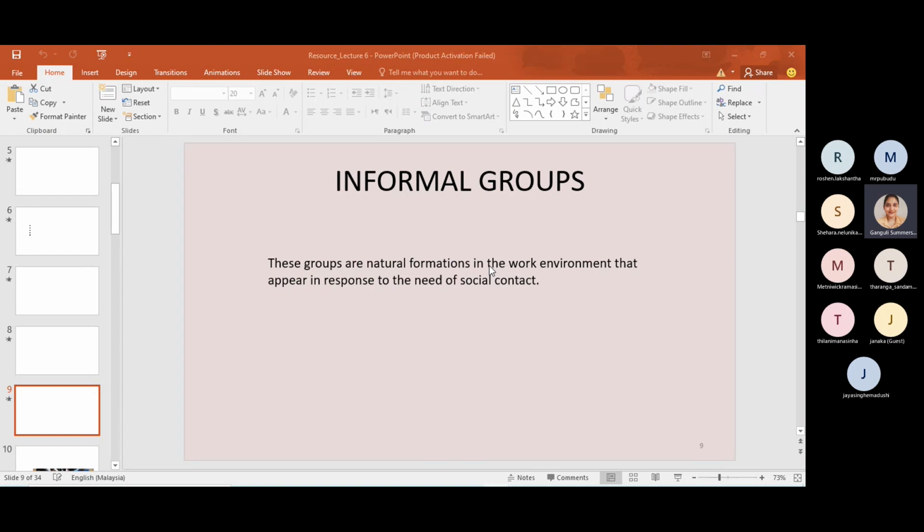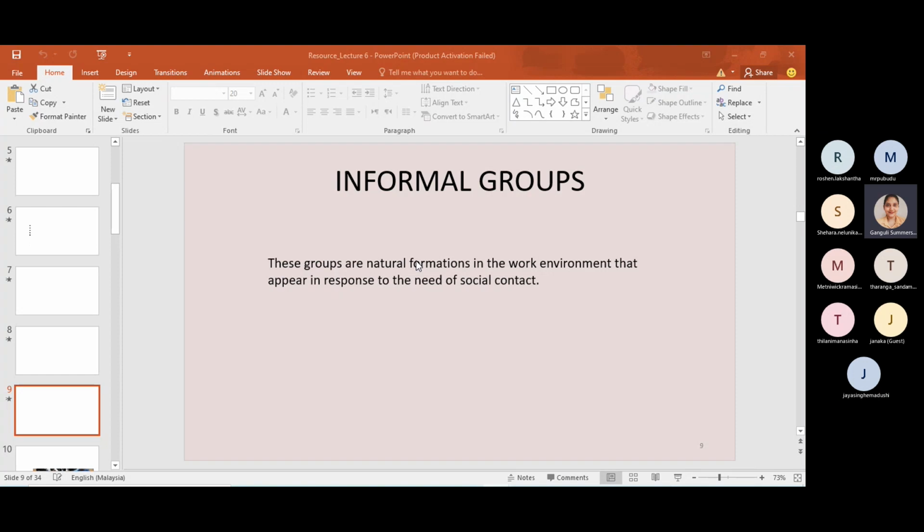Formal groups do not happen naturally; someone has to make the groups. But informal groups appear naturally in the work environment, in response to the need for social contact. In informal groups, you do not have specific tasks to perform, or specific objectives or goals to achieve.